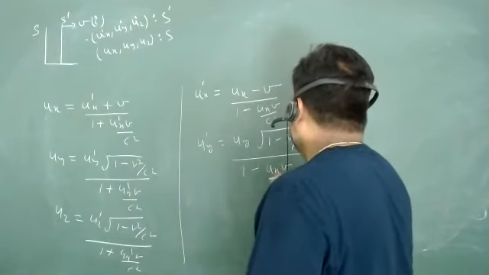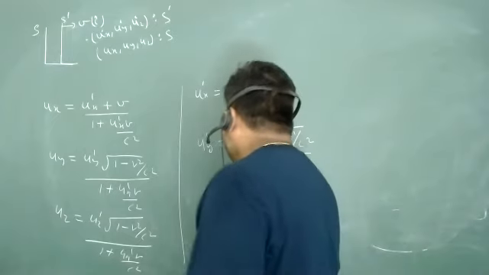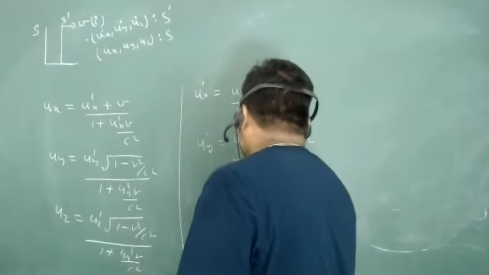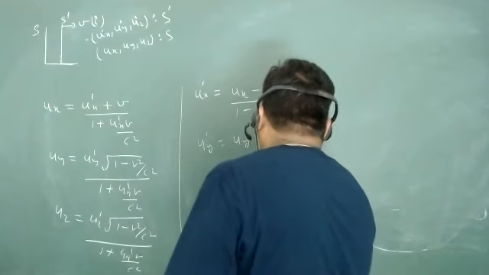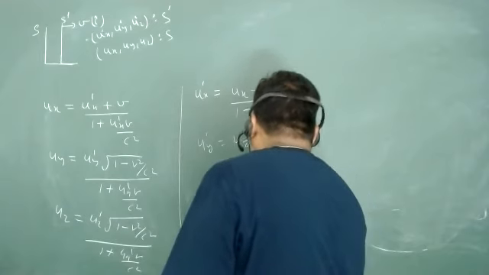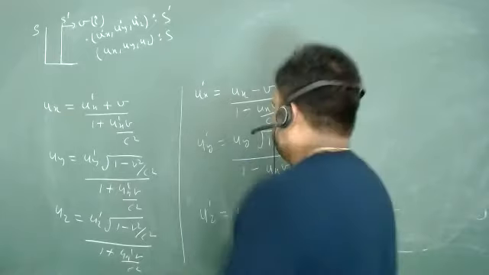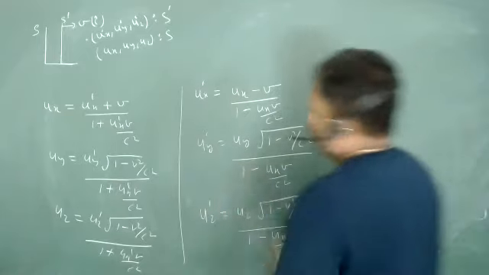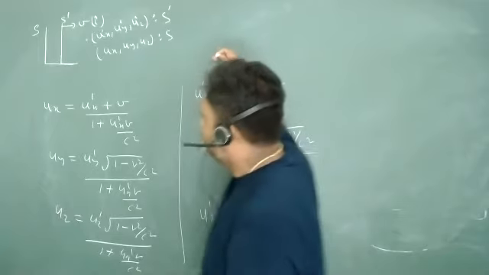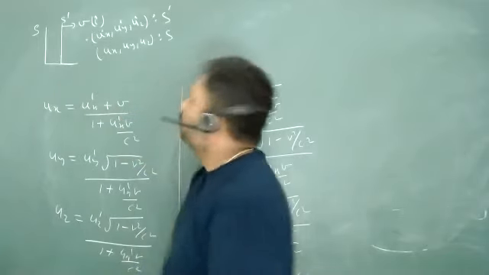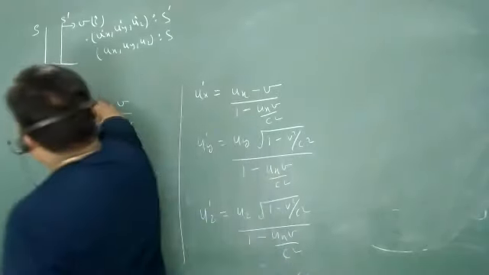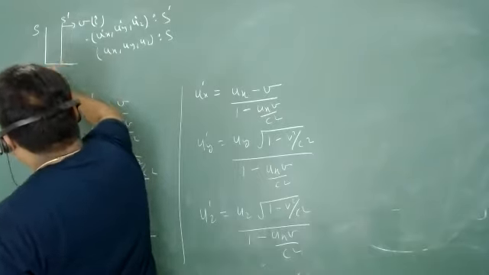And uz dash is equal to uz root under 1 minus v square upon c square over (1 minus ux v upon c square). This will come from the inverse Lorentz transformation. I will always use this to solve my problem.